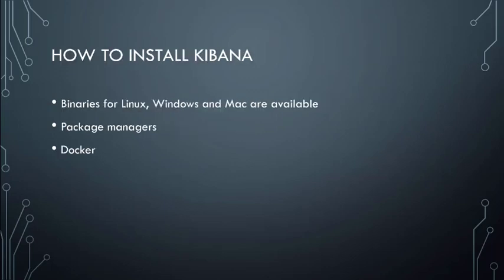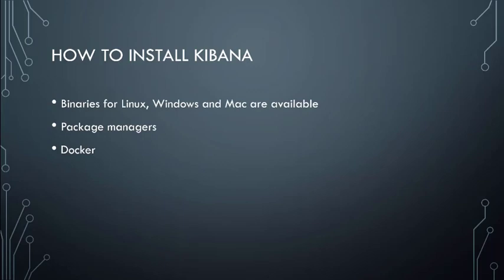In order to install Kibana, you have a number of options. Like we've done already for ElasticSearch and Logstash, we can simply download a compressed file with the binaries. These are available for Linux, Windows, and Mac, and it's the option that we'll use for the purposes of this tutorial.